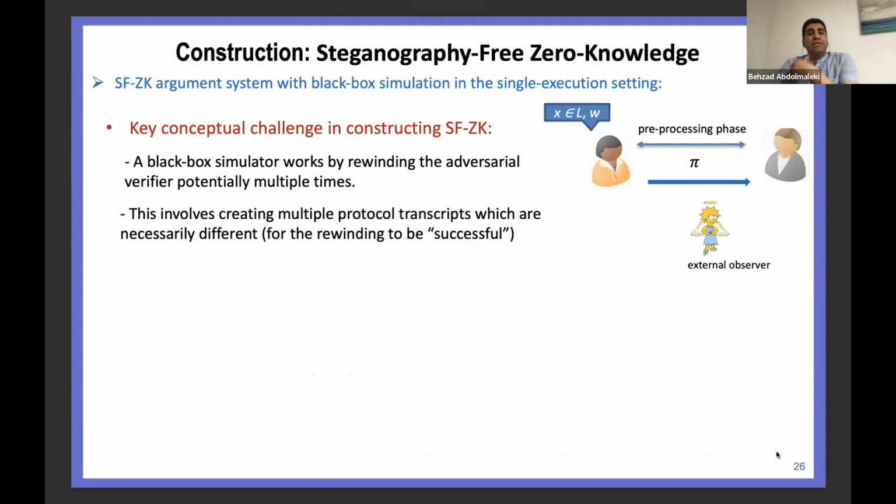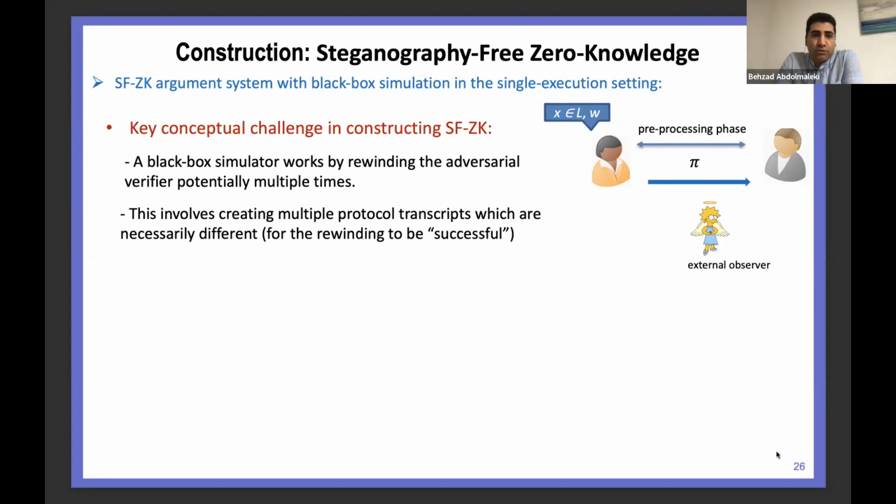So now let's see how we can instantiate this SFZK. There are some difficulties in achieving it, but the main one is that if we want to get a black box simulation of the construction in a single execution, the normal way is that the simulator works by rewinding the adversarial verifier multiple times.